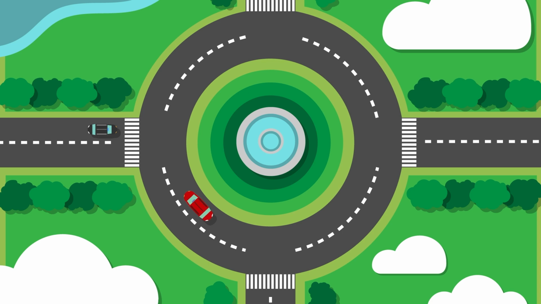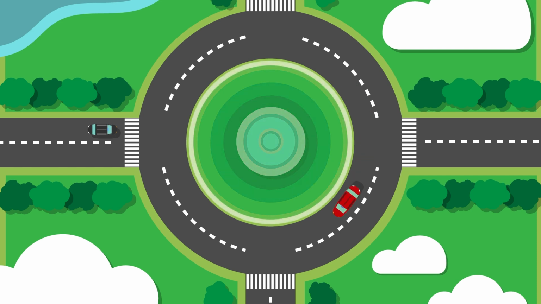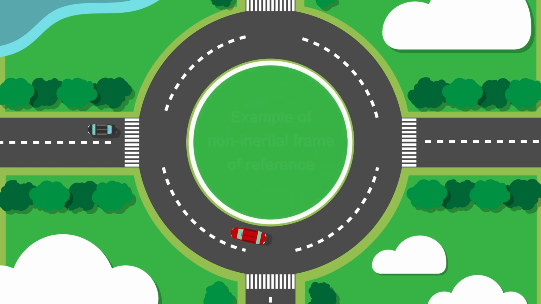Now, this is not an inertial frame of reference. Can you tell me why? Remember the concept of circular motion from your school physics? What is happening here? Even if the speed of the car is constant, the direction of its motion is changing every second. So, this car is not traveling at a constant velocity.